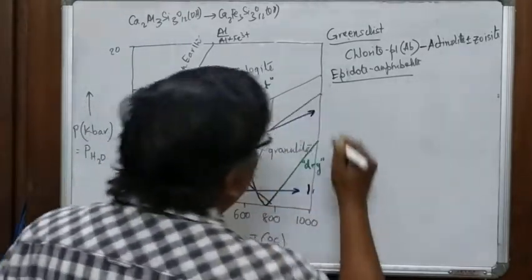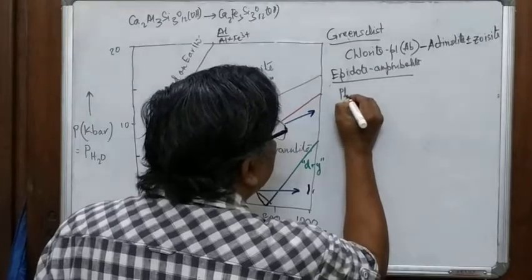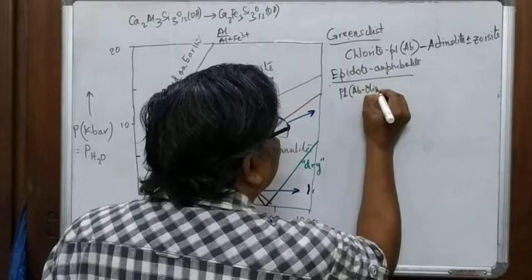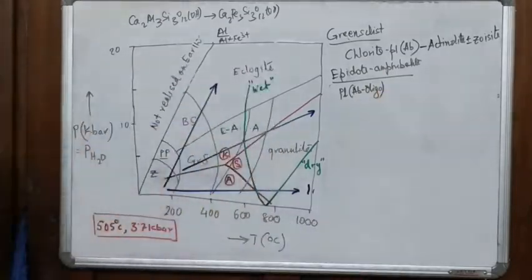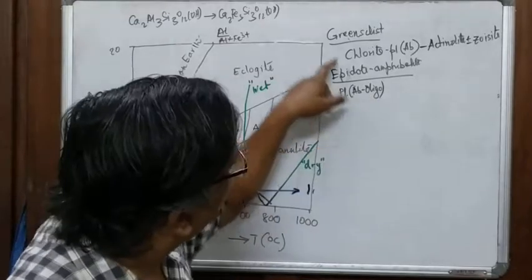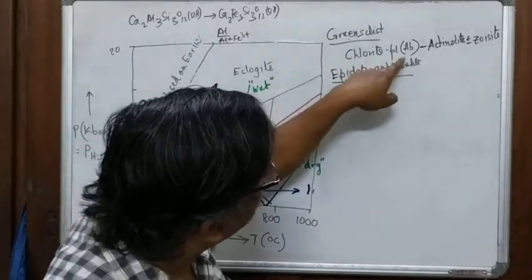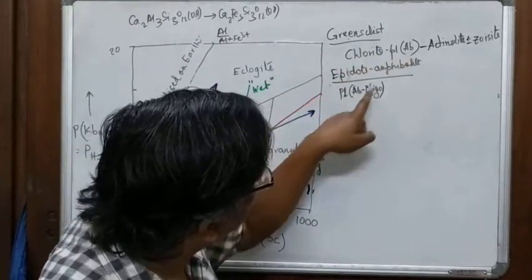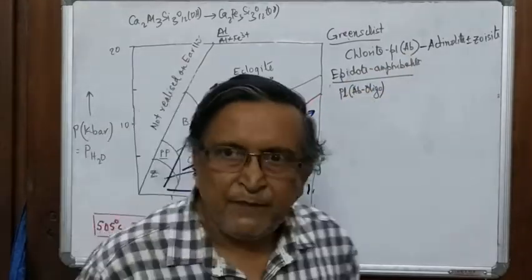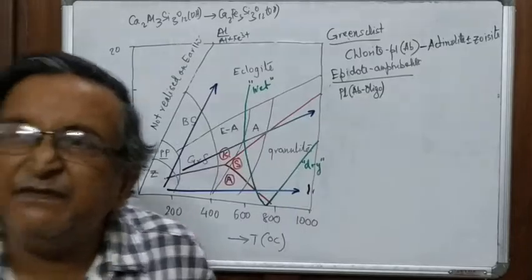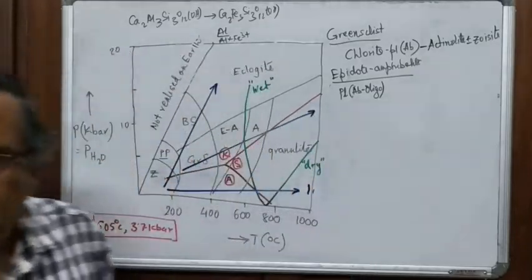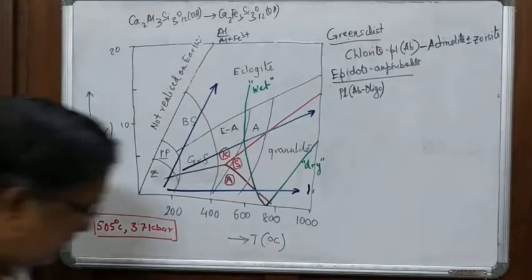So now we have plagioclase, but the composition is now albite-oligoclase. So you can see from greenschist facies where the plagioclase is albitic to the epidote amphibolite facies, you get oligoclase plagioclase. So you get a calcification of plagioclase. We will see how this is done.